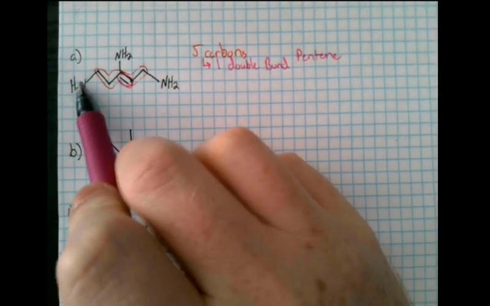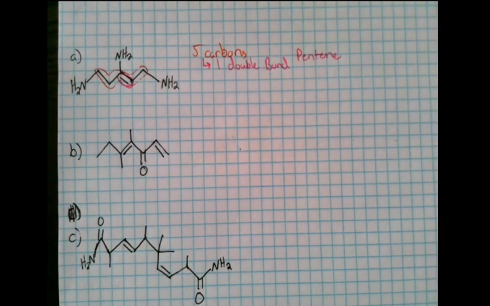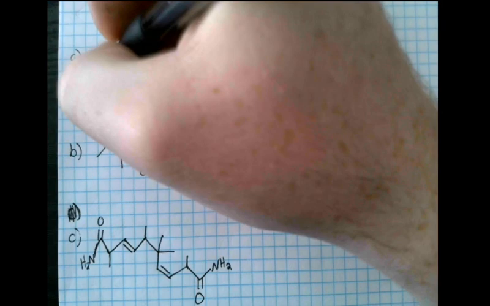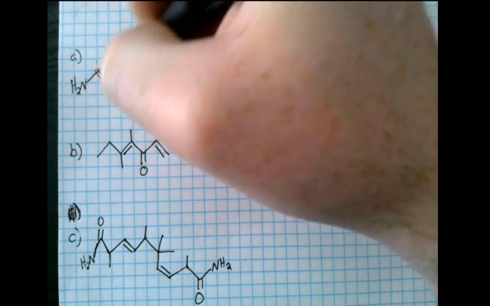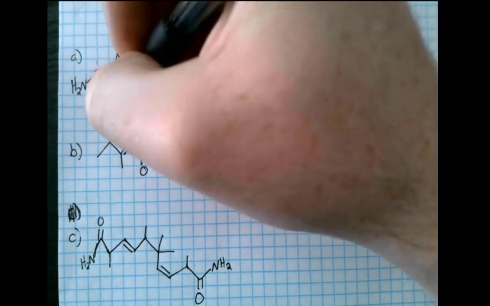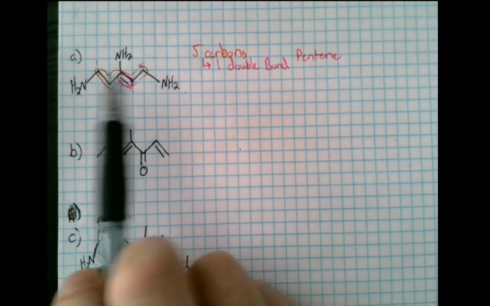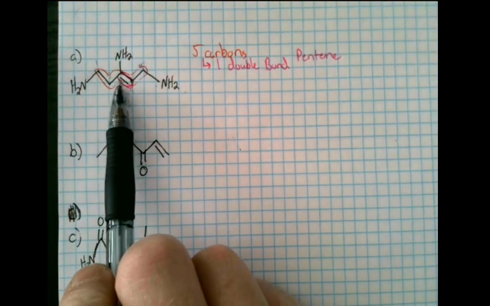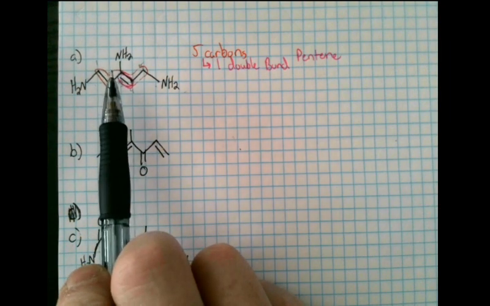Then we've got substituents on carbons here, here, and here, but we need to figure out which way we're going to number it from. If I were to number it from here, I would have 1, 2, then something on position 3, and then 1, 2, 3, 4, 5. So I would have something on position 1, something on 5, and then remember we number based on where the first part of the double bond is, so this would be something on 3 and 3.